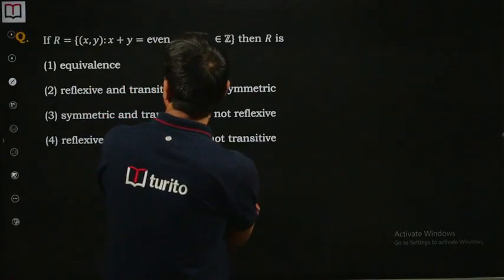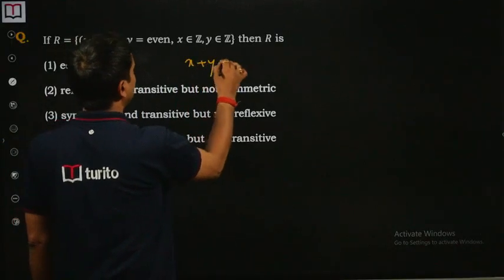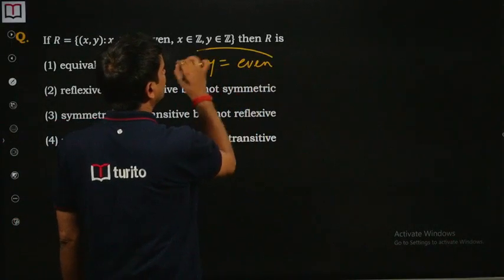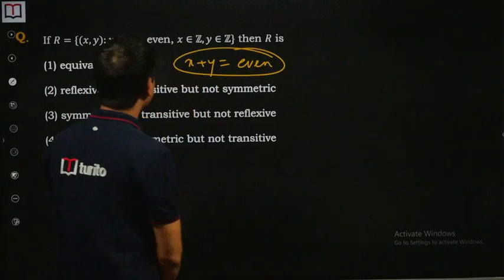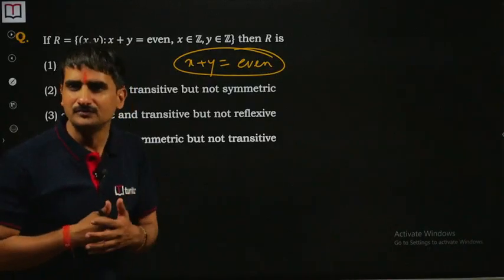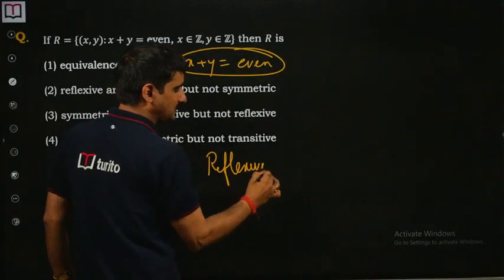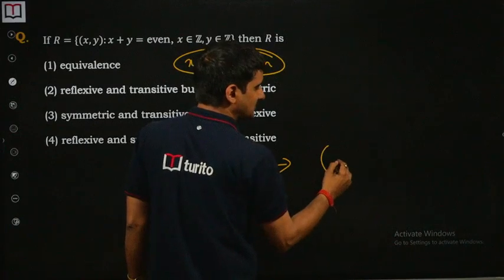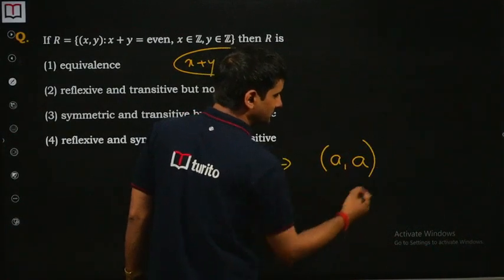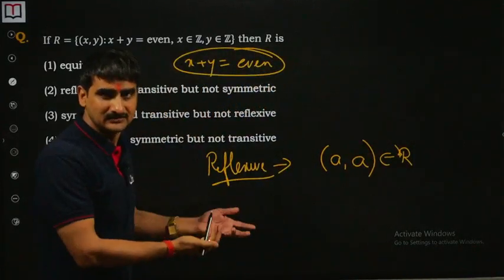Next is, if R is a relation x R y, x plus y is even and both are integers, then R is equivalence, reflexive, transitive. Okay, see, for it to be a reflexive relation, how do we know that a relation is reflexive? For a relation to be reflexive, every A should be related to A, should belong to R. Now here it is, because both are integers.